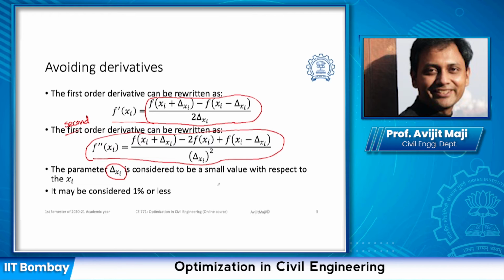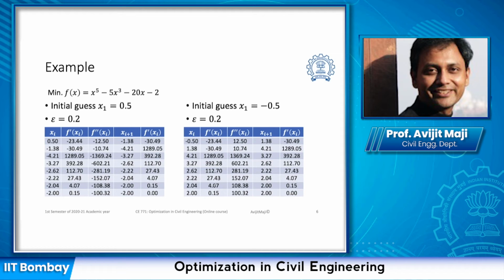Let us see an example using the Newton-Raphson method. We are going to minimize this objective function, starting with an initial guess of 0.5, and we set the precision of the slope as 0.2. Then at the first point, we find the first order derivative and the second order derivative.